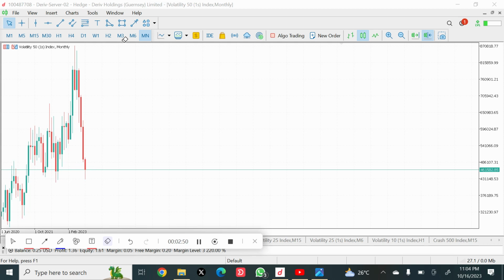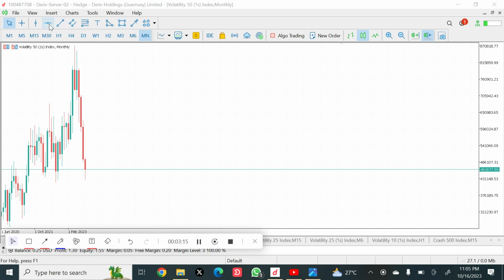All right, so let's start marking our support and resistance zones, or demand and supply zones. All right, so I'll be using the support and resistance rather. The difference between demand and supply zones is that supply zones look a bit wider than just the support and resistance.